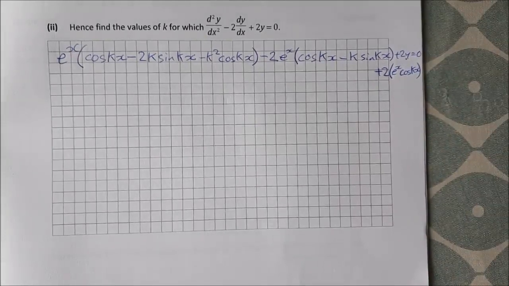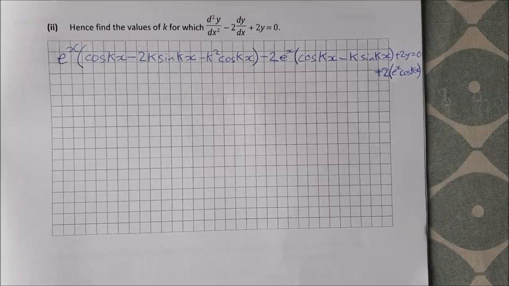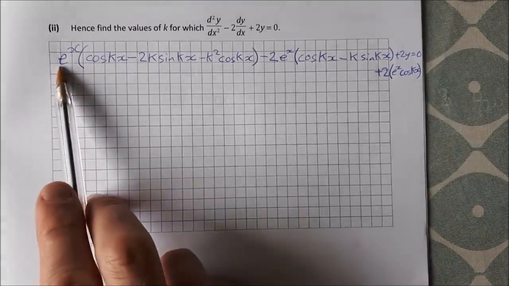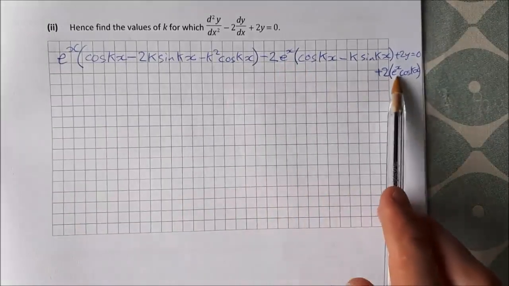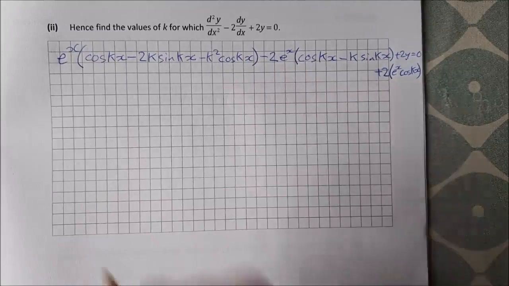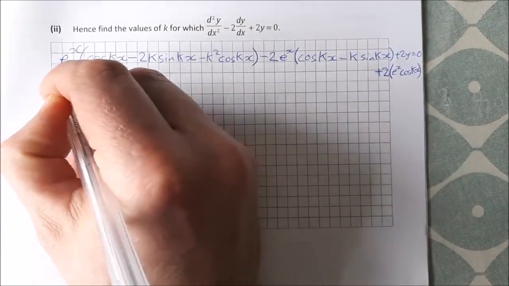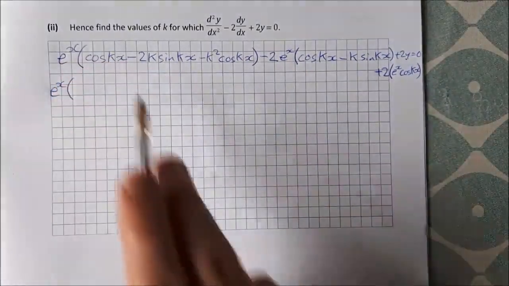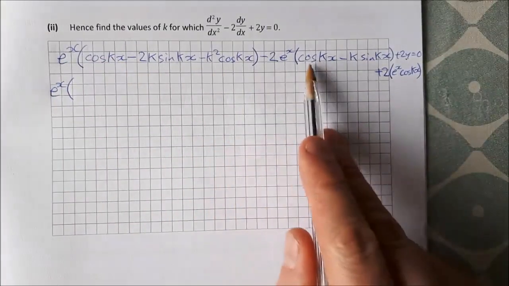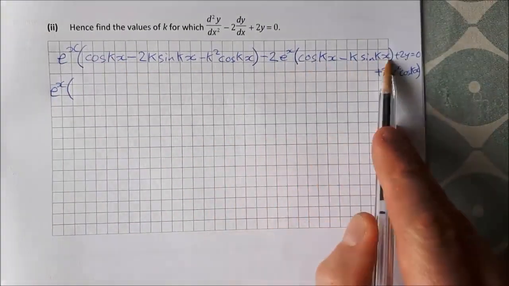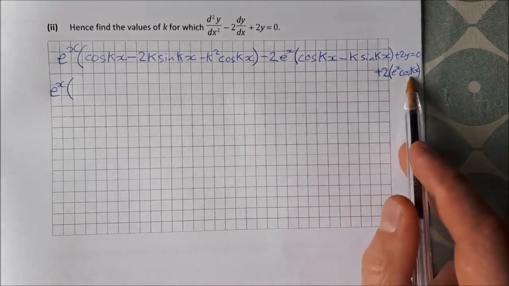So this looks like a very messy equation, and it is, so we just have to work through it and see, is there any way we can simplify it. The first thing we can do is take out a common factor from all three of them, which is e to the x. So e to the x is common to all of them. So that's e to the power of x times this, minus 2 times this, and plus 2 times that.